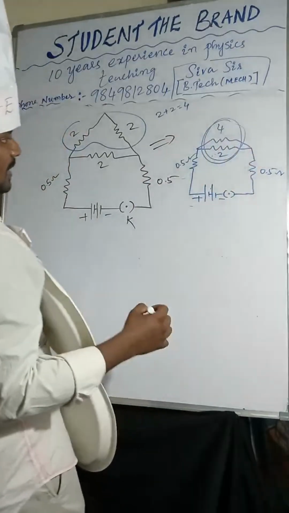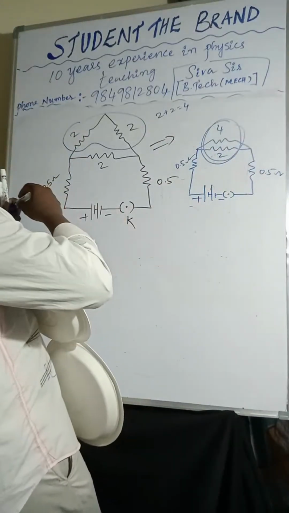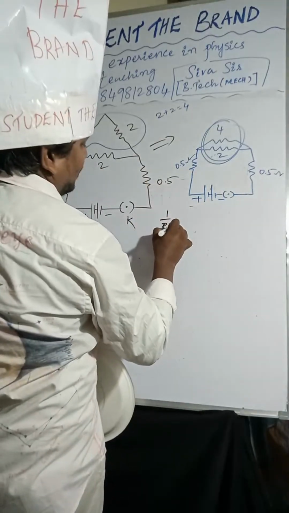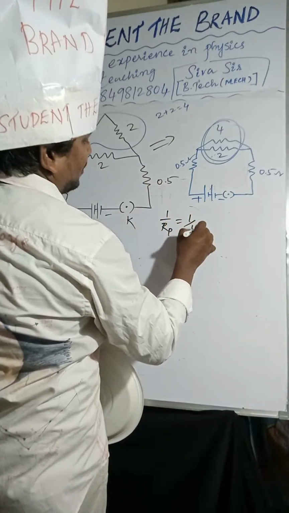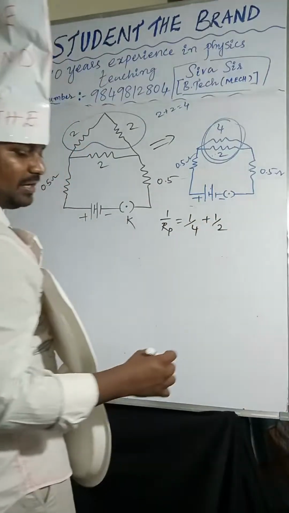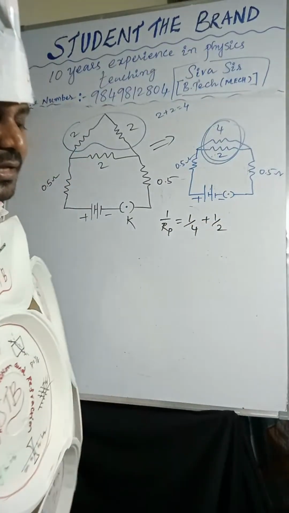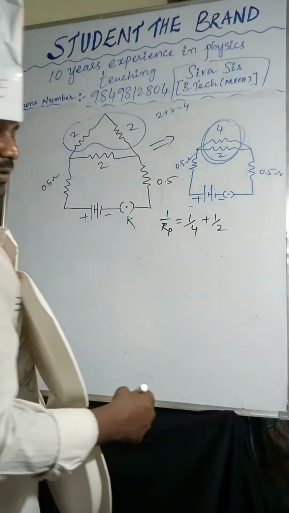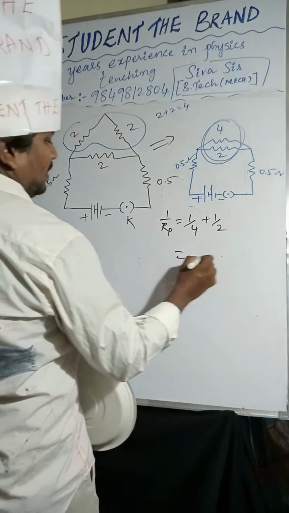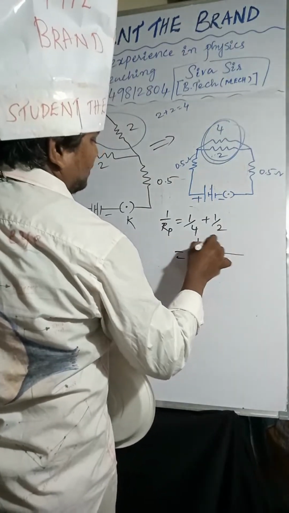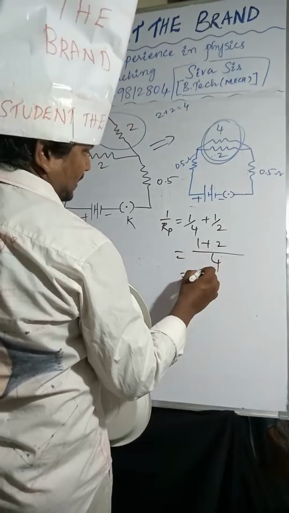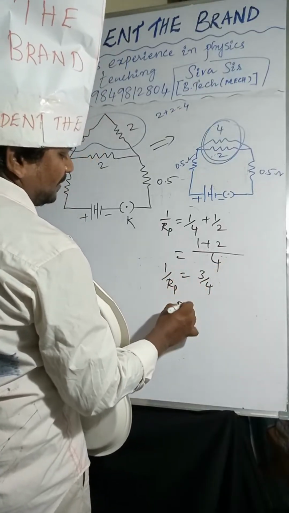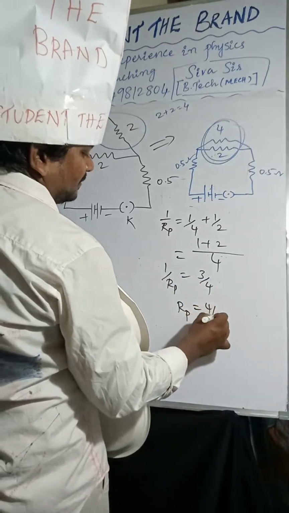For parallel combination, 1 by Rp equals 1 by 4 plus 1 by 2. That is 1 plus 2 over 4, which is 3 by 4. So 1 by Rp is 3 by 4, and Rp equals 4 by 3.